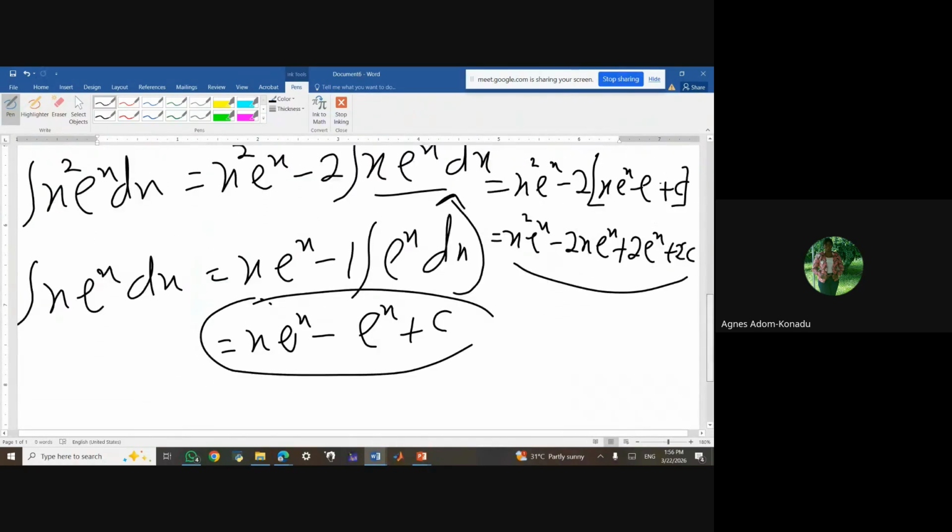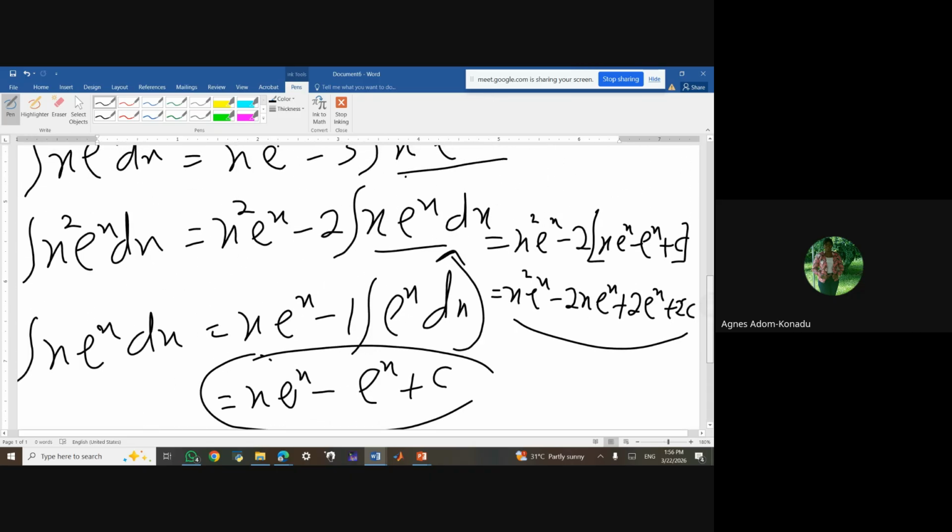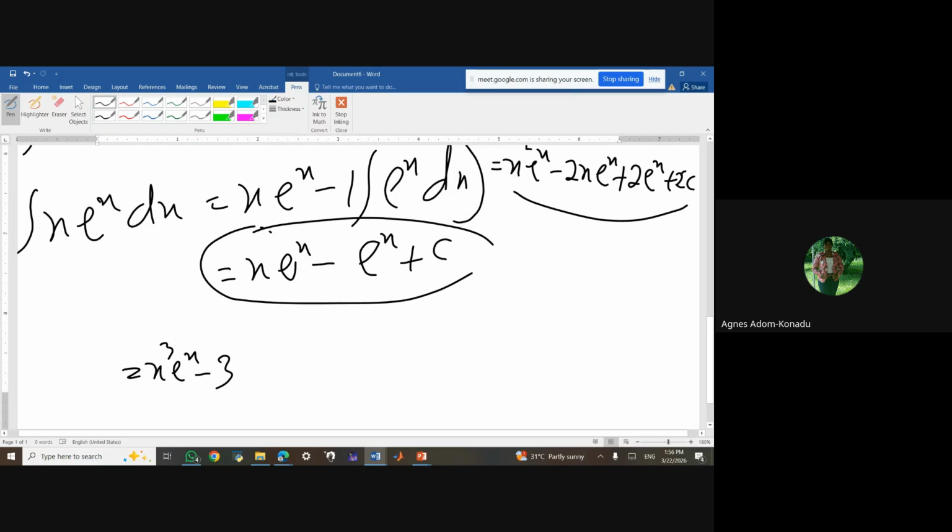So this will be x to the power 3 e to the power x minus 3. So I have minus 3 times x to the power 2 e to the power x minus 2x e to the power x plus 2 e to the power x plus 2c.